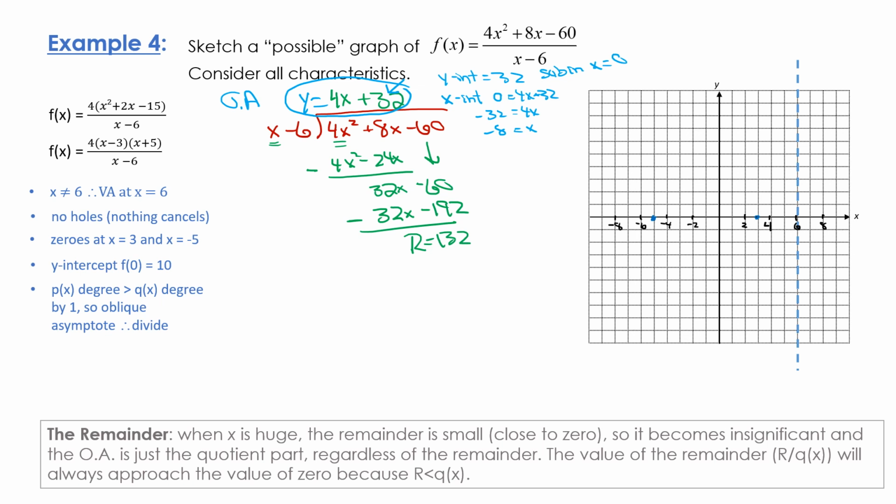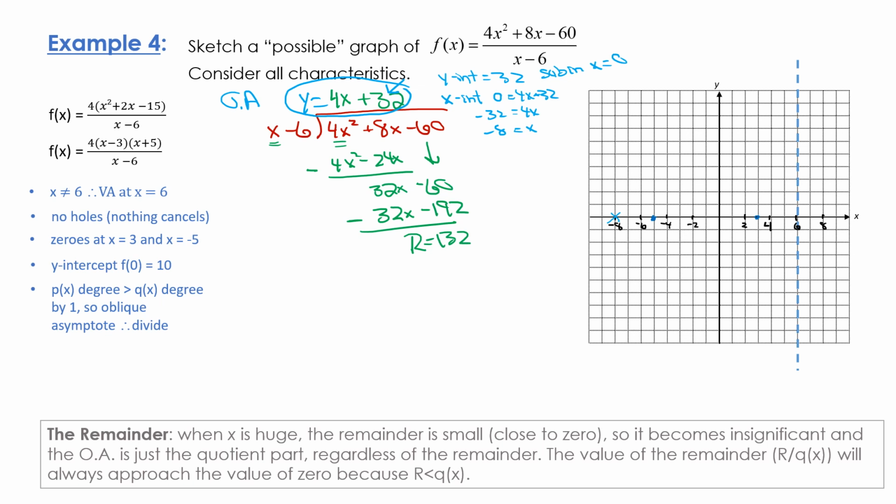Now that's the x-intercept of my oblique asymptote, not the function f of x. This is just the oblique asymptote I'm talking about right here. So for my oblique asymptote, it has an x-intercept of -8. So I'm going to put an x there on the -8. It's got an x-intercept there, and it's going to have a y-intercept of 32.